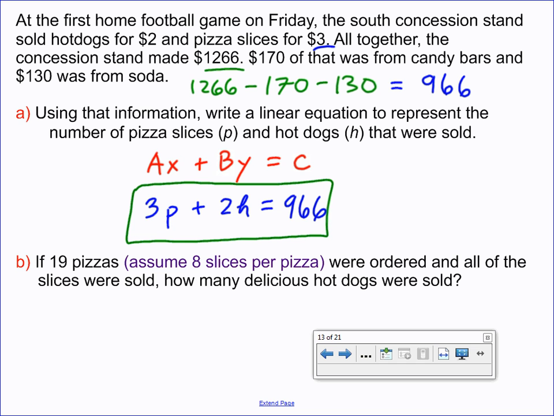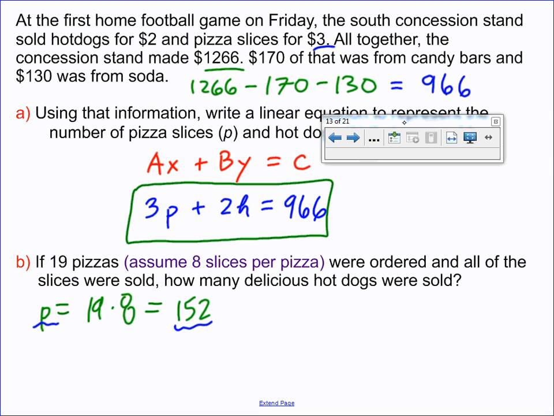So we've got 19 pizzas times 8 slices of pie gives us 152 slices. Is that right, 152? So this is the same as plugging in 152 for P and solving for H.